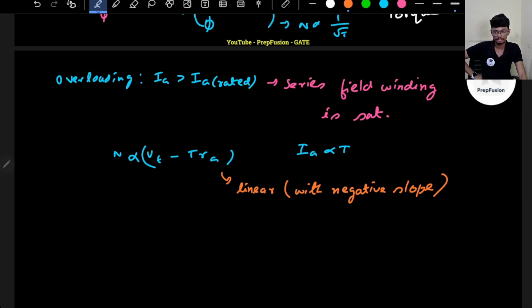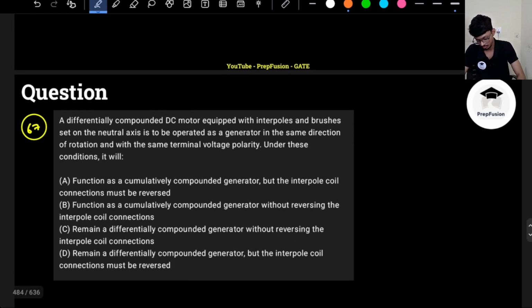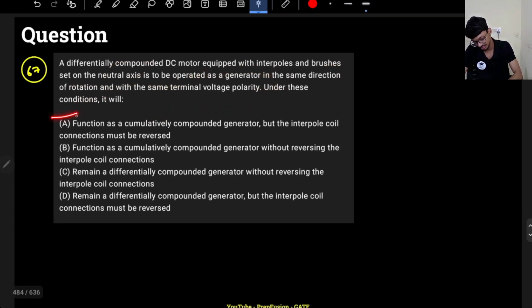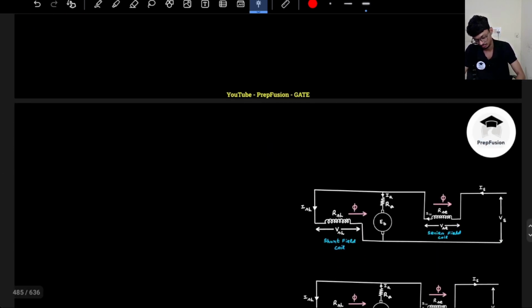I hope you have understood this basic point. So what is the next question? A differentially compound motor is equipped with interpoles and brushes set on the neutral axis, and is to be operated as a generator in the same direction of rotation with the same terminal voltage polarity. Under these conditions, it will behave as what? This kind of question we have already discussed, so I will again take the circuits.